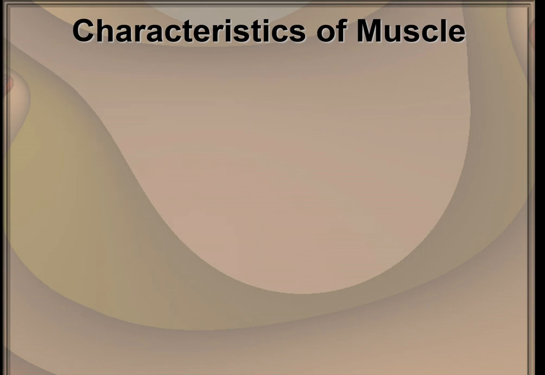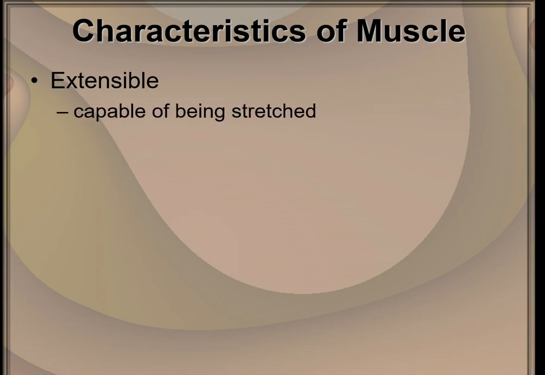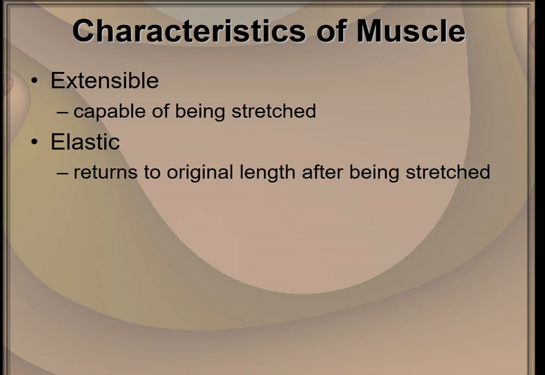Another characteristic of muscle is that it's extensible. That's just a fancy way of saying it can be stretched. Now, not only can muscles be stretched, they're elastic, and that simply means that they can recoil back to their original length after being stretched.